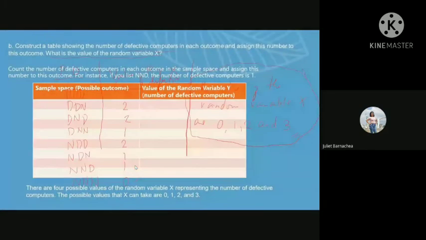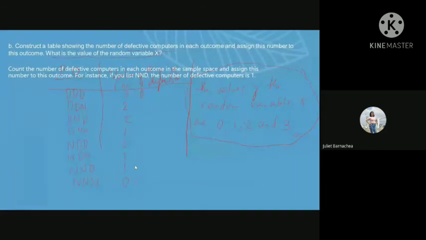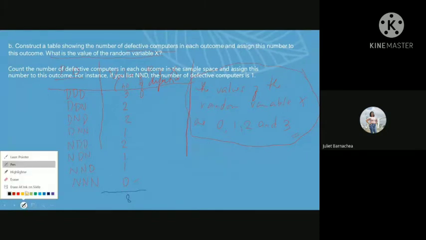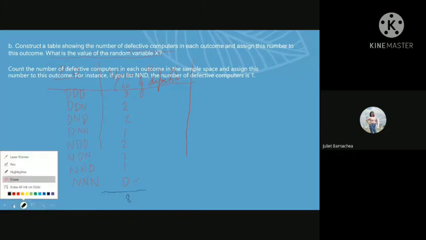Balikan natin yung kanina. Kung babalikan natin, our outcome is 8. Kaya kung kukuhanin natin ang probability, we'll have x here.